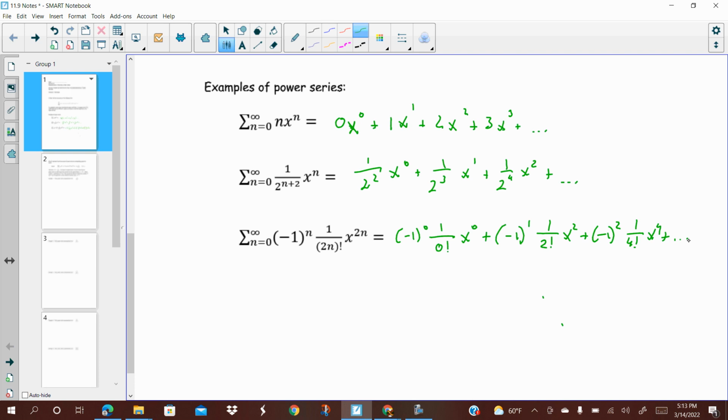So again, you can see that your coefficients are changing, as well as the exponents.